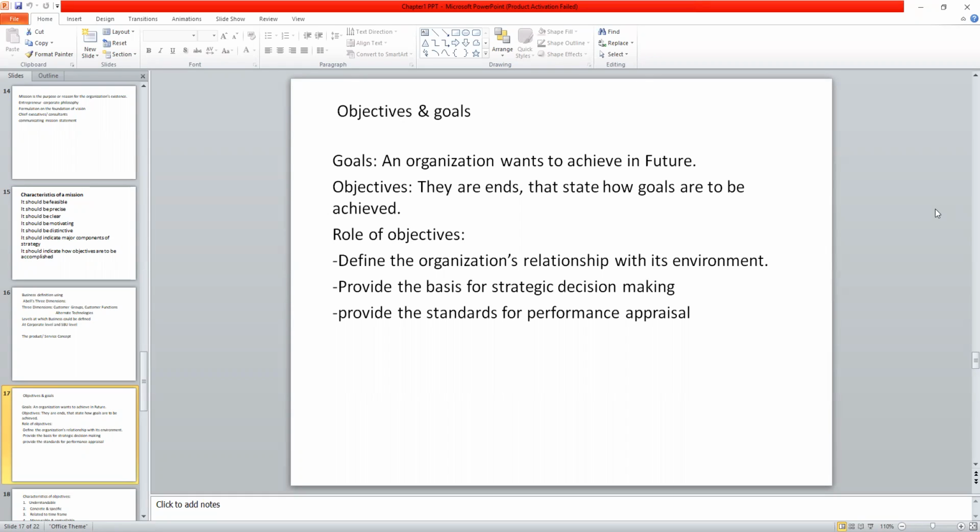How much percent of profits? How much percent of market share? So here, to be more precise, these goals are to be quantified through objectives. Goals are broadly defined statements, while objectives are more specifically aimed towards achieving the goals.